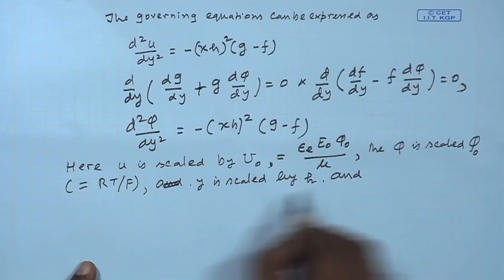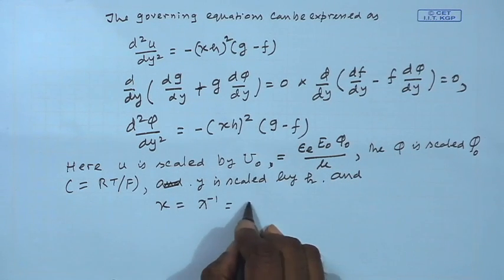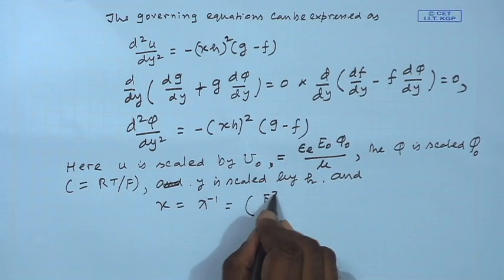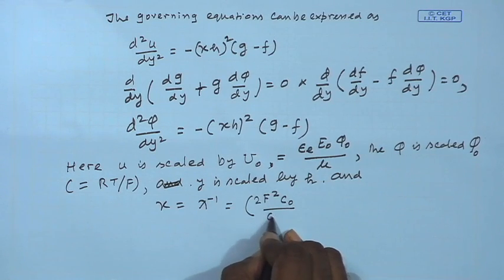And kappa, which is nothing but the inverse of Debye length, is F squared 2C0 by epsilon E RT, to the power half.